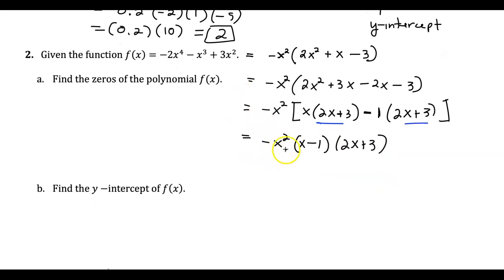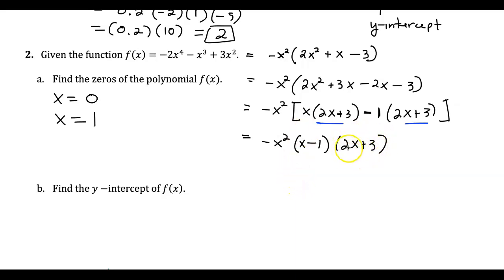So now we can see where this polynomial would be 0, because we know, well, when x is 0, obviously this is 0, right? You can see that without even factoring it. But here also when x is 1, because if we plug in 1 here, 1 minus 1 is 0. So x equals 1 is also a 0.